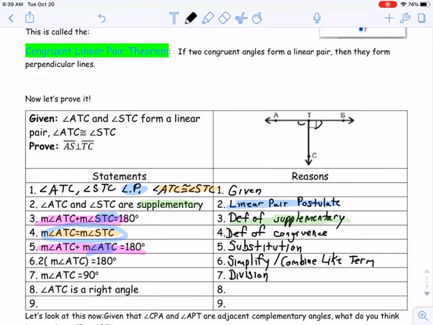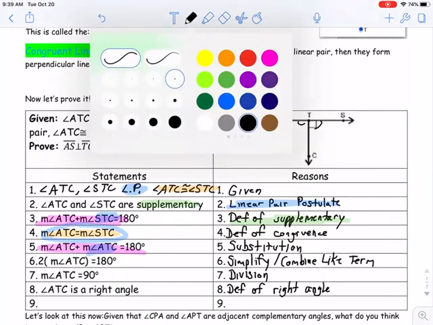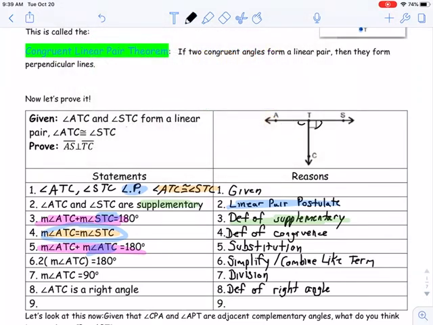All right. Now, the measure of angle ATC is 90 degrees. So ATC is a right angle by definition of right angle. When an angle is 90 degrees, it's a right angle by definition. And then lastly, what I want to prove, always should get that.